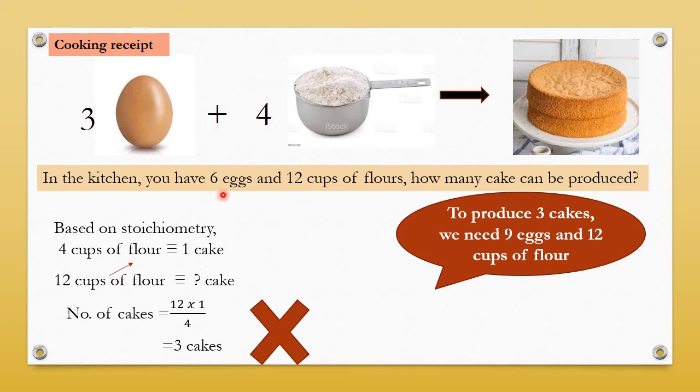So you won't be able to produce 3 cakes, because there are not enough eggs. So remember, when we are calculating the amount of product formed, you have to compare with the limiting reactant.